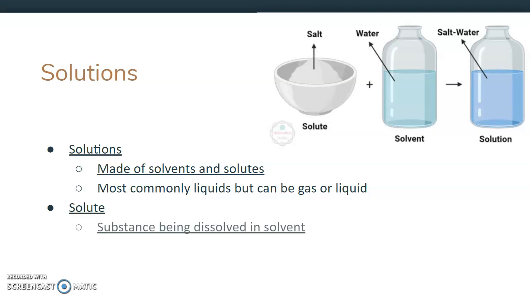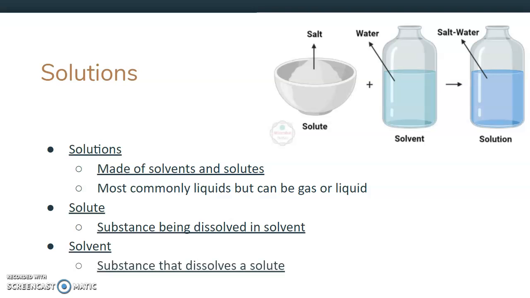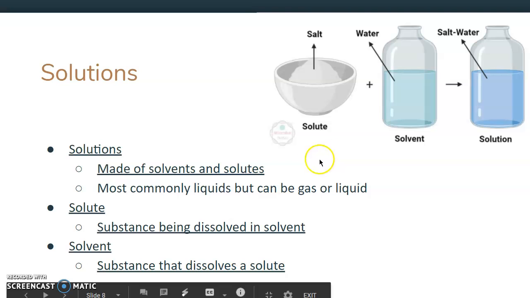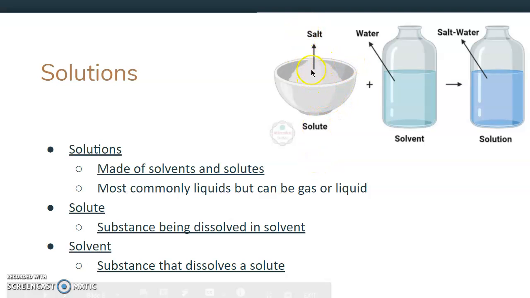Our solutes are the substances being dissolved in the solvent, and our solvent is a substance that dissolves a solute. For example, I think it makes the most sense when we have salt as our solute, we put it in water, which is our solvent, and make a solution known as salt water.